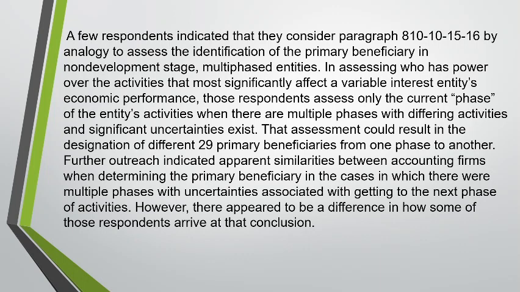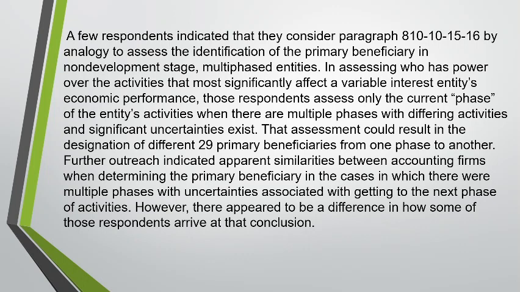Those respondents assess only the current phase of the entity's activities when there are multiple phases with differing activities and significant uncertainties. That assessment could result in designation of different primary beneficiaries from one phase to another.